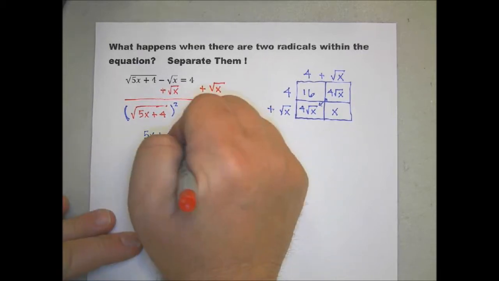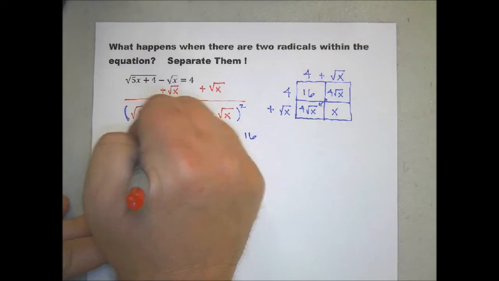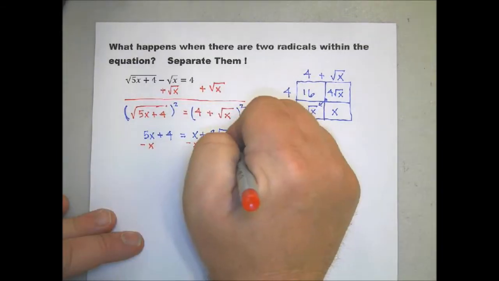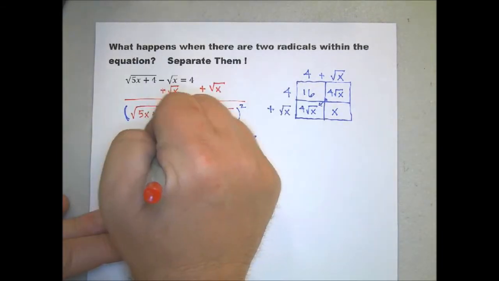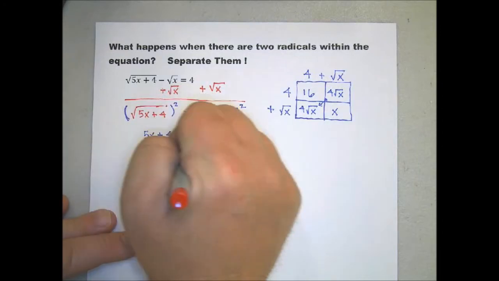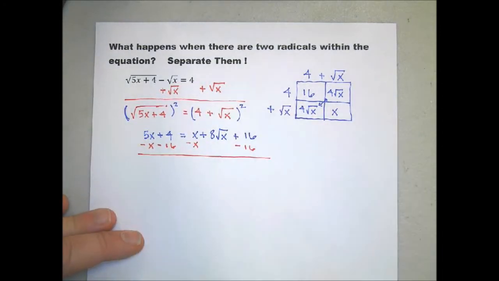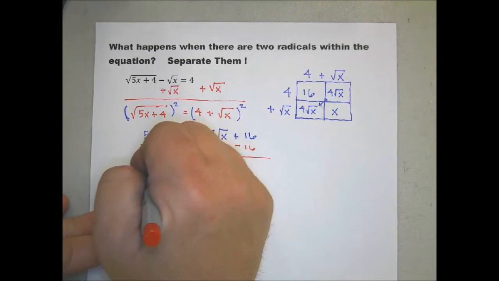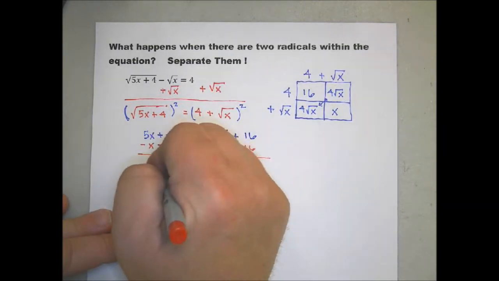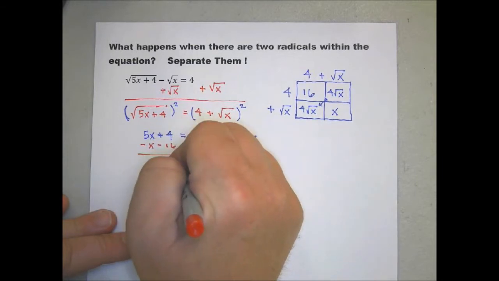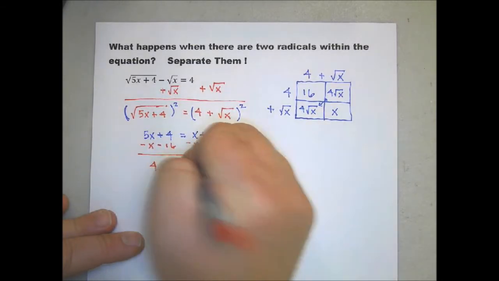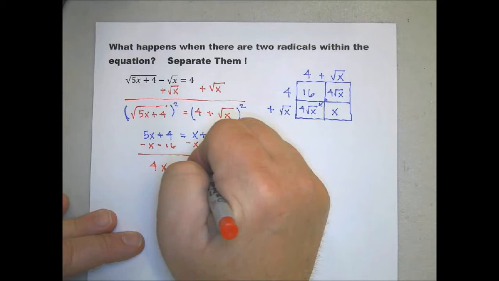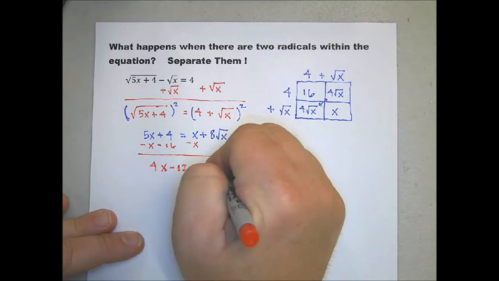So I subtract x, I subtract x, I also subtract 16, and I subtract 16. And now I'm left with the equation 4x minus 12 equals 8 square root x.